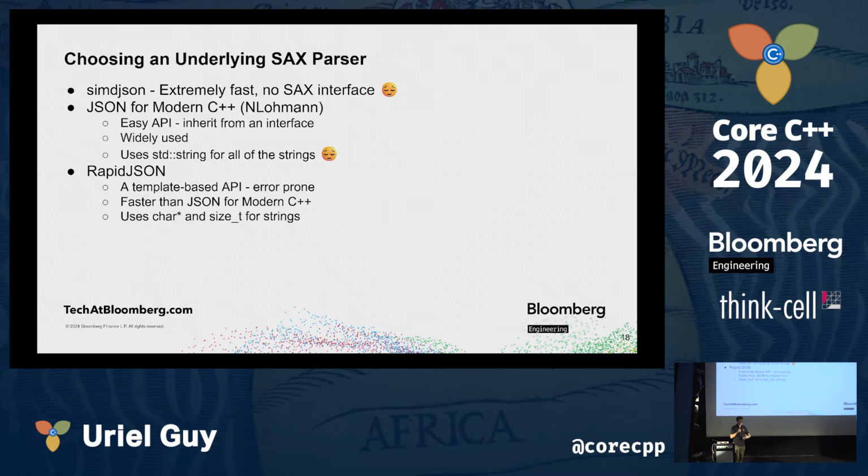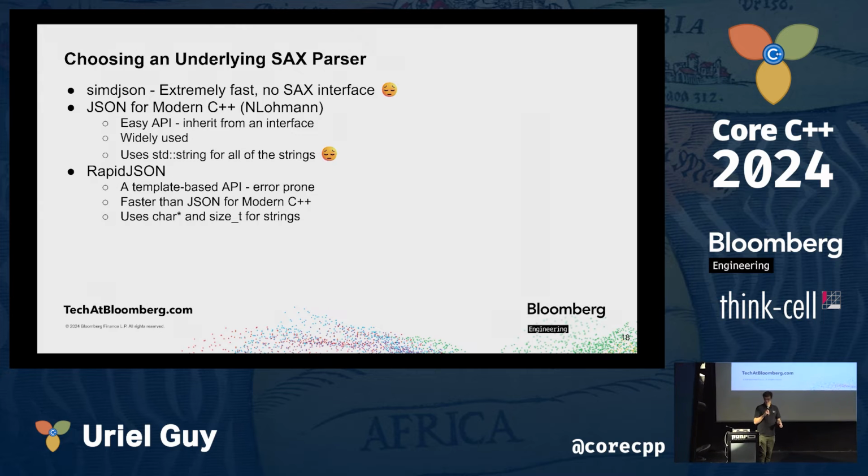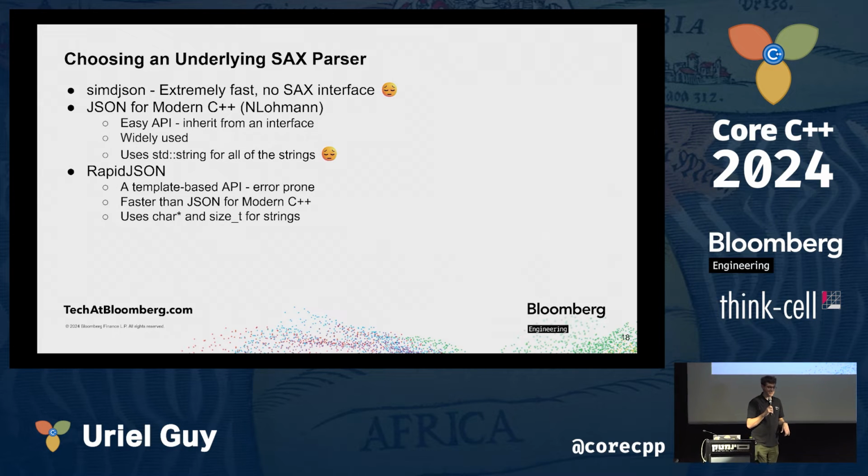You have an interface that you inherit. It will give you all of the SAX events. It's all lovely. However, it uses std::string for all of its strings, which just means that whenever you pass everything around, you have an allocation. And that is painful when you start dealing with billions of data points.